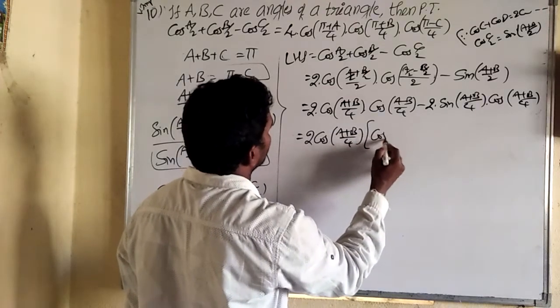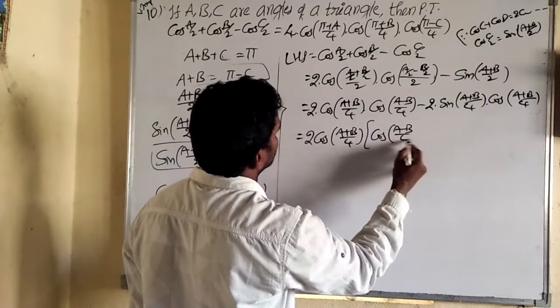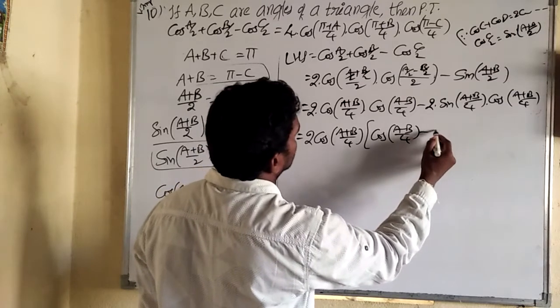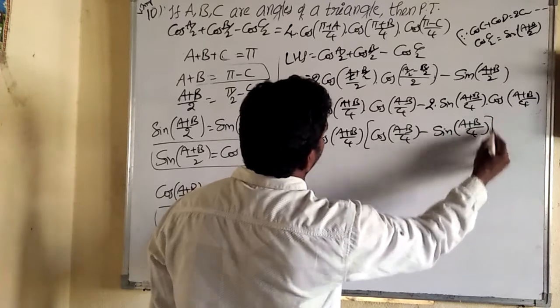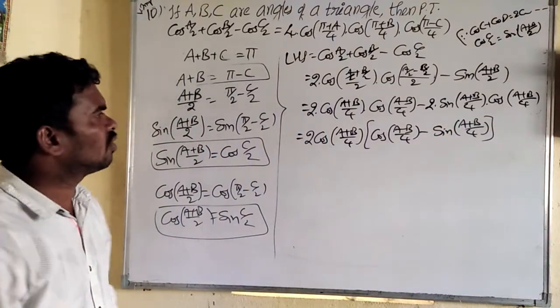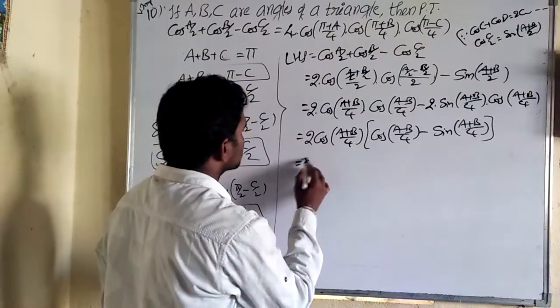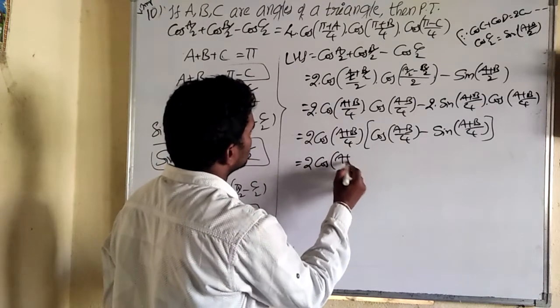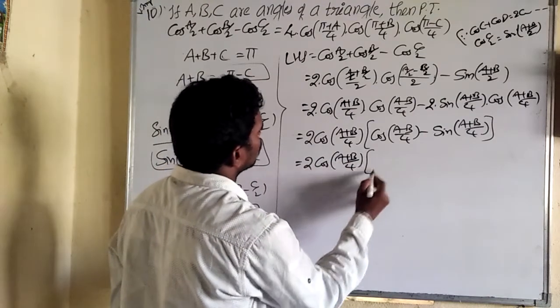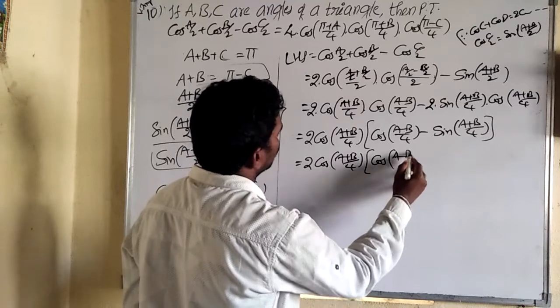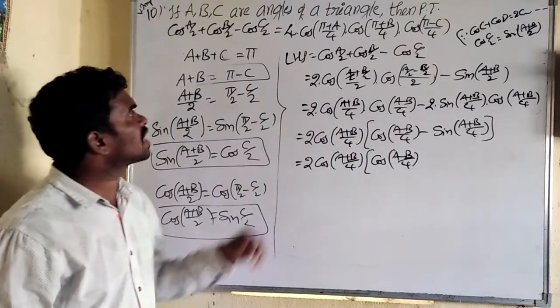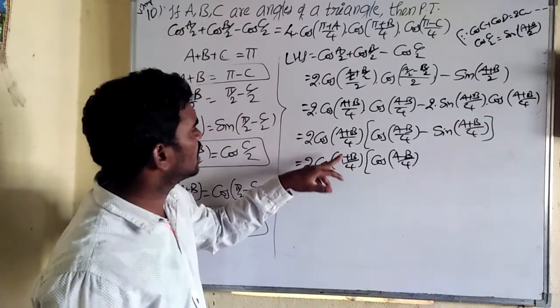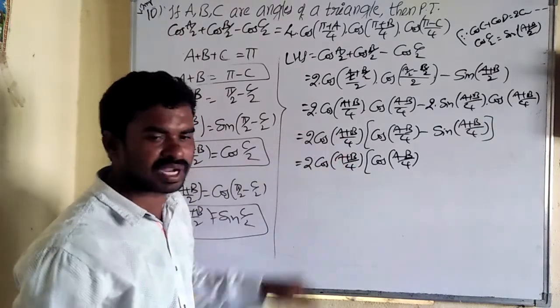Then the remaining terms are cos (A-B)/4 minus sin (A+B)/4. Now (A+B) we can write as π minus C.